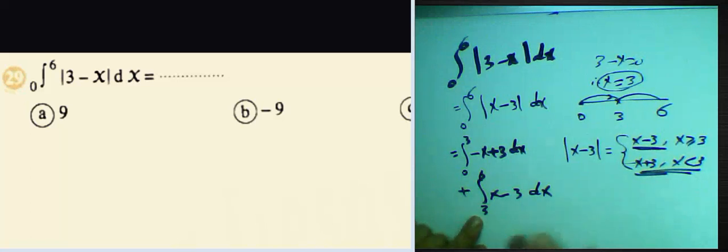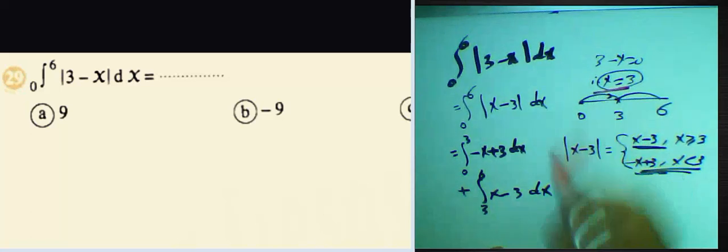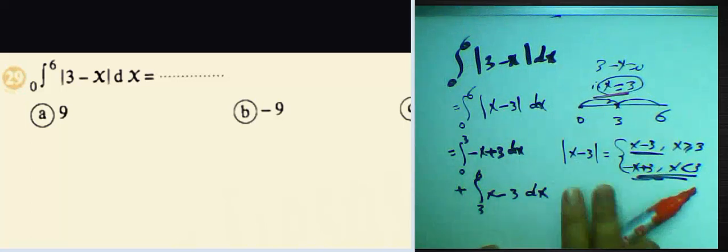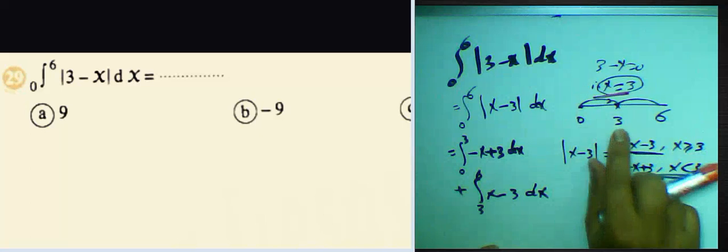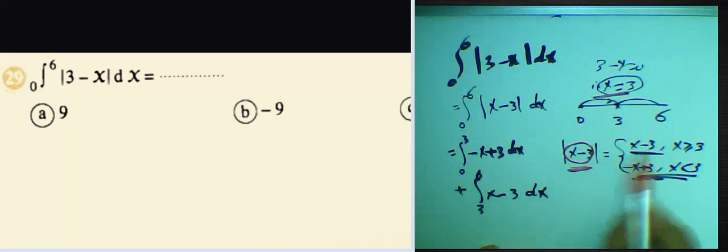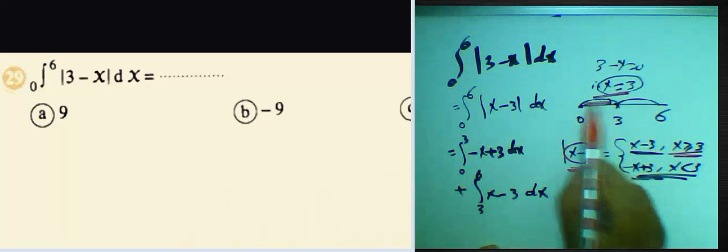Understood? Again, okay, I will explain it again. First, we must put this expression equal to 0, then x equals 3. So we must divide this part from 0 to 6 into two parts, from 0 to 3 and 3 to 6. And write the definition. Absolute value of x minus 3 will be positive when x is greater than or equal to 3, right here in this part.